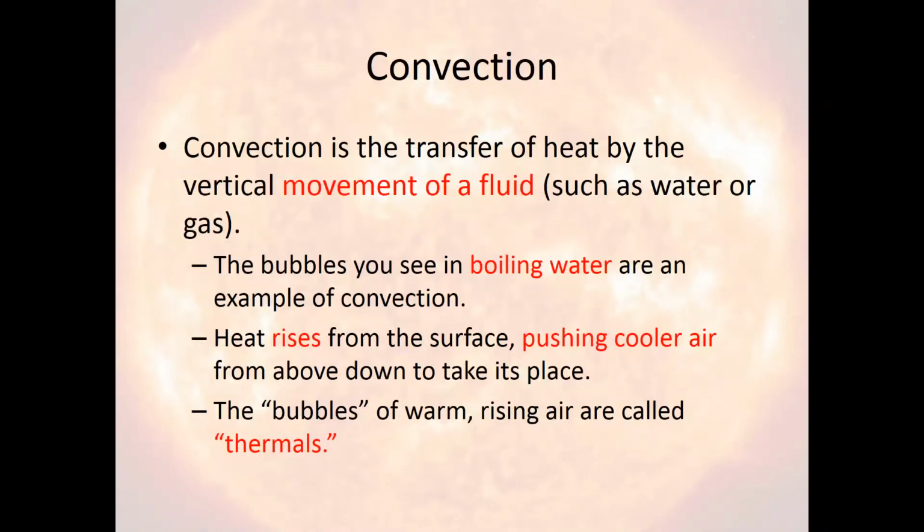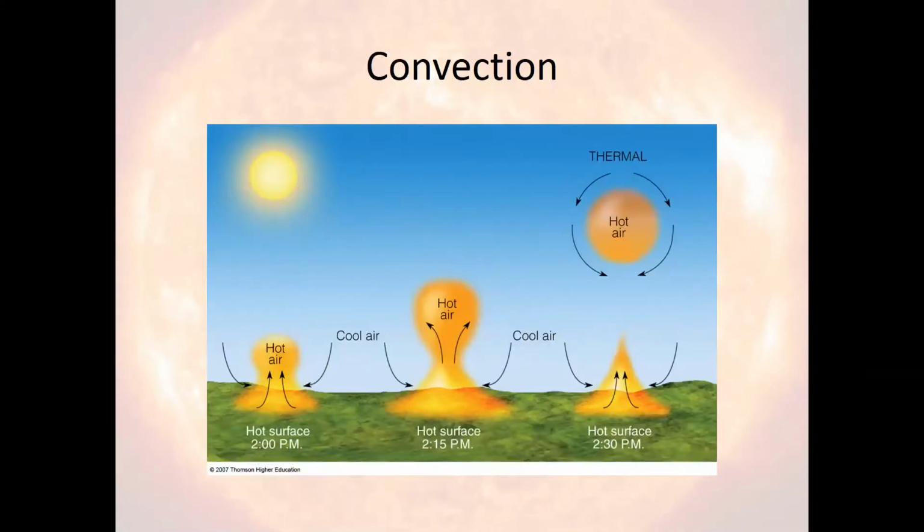They start at the ground, they get hot, they rise, they force cold air down to take their place, then that cold air gets hot and it rises. It looks something like this. So let's say you have a hot ground and it's heating the air right above it. This is where conduction comes in.